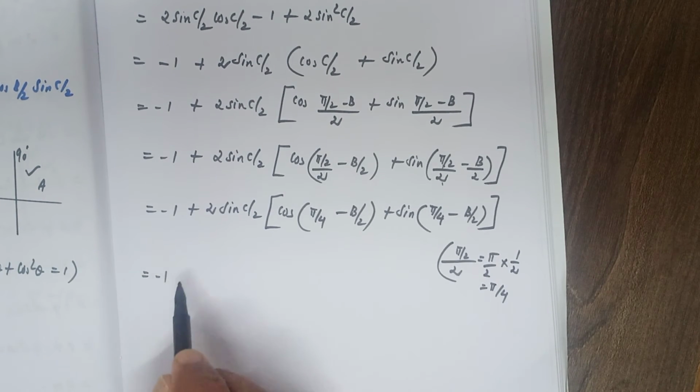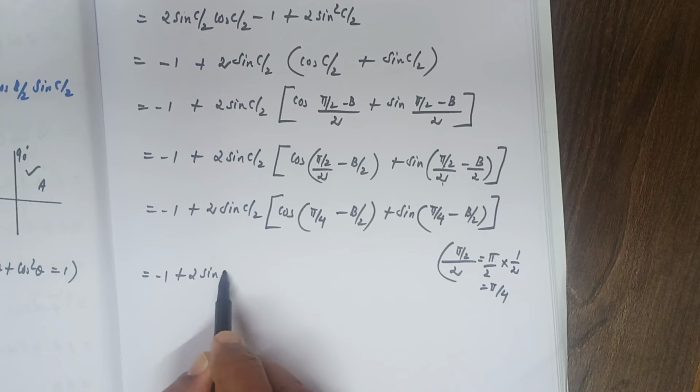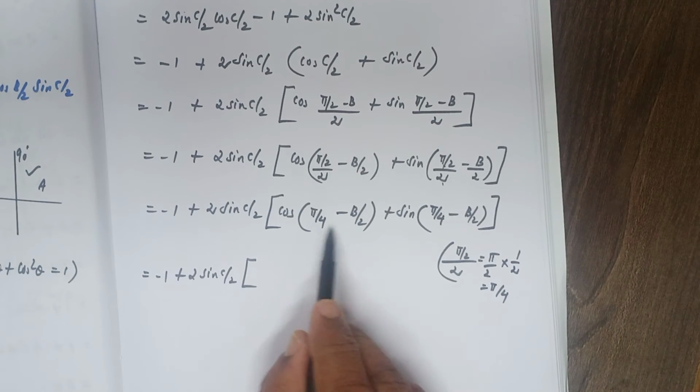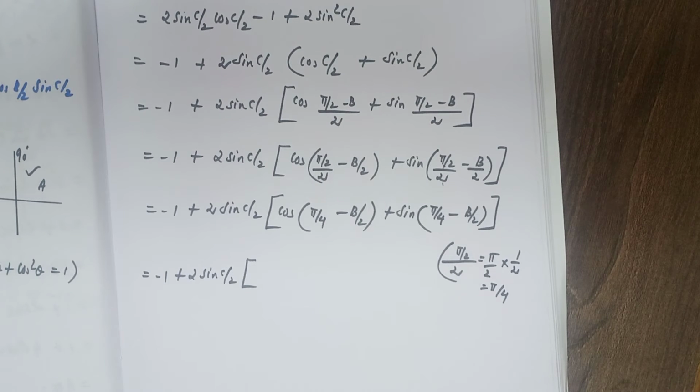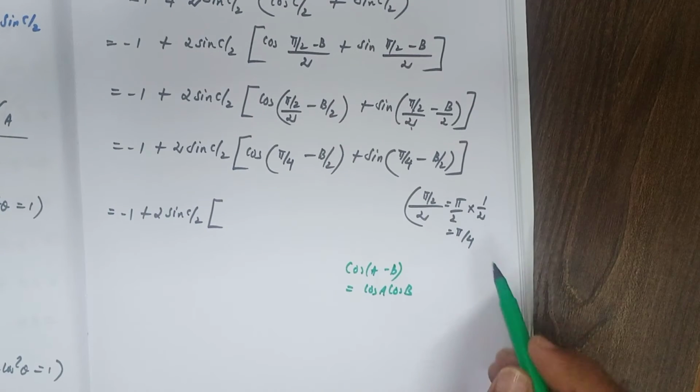Here we have to apply the identity cos of a minus b, and sin of a minus b. Cos of a minus b is equal to cos a cos b plus sin a sin b.